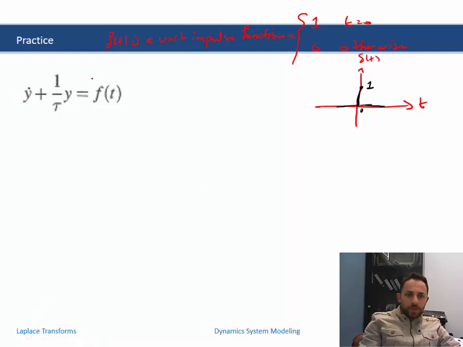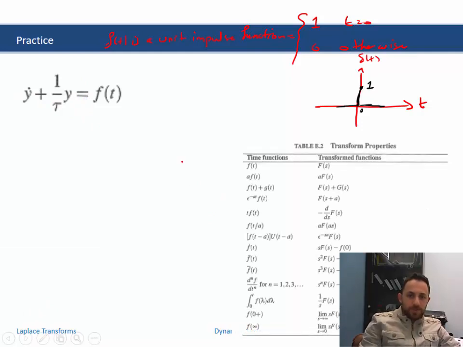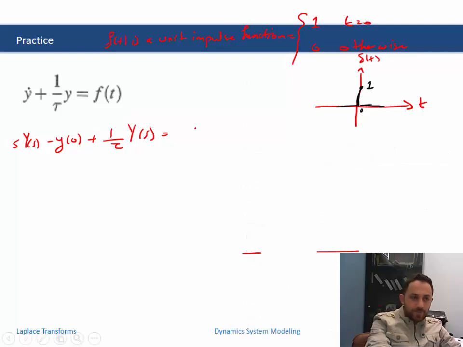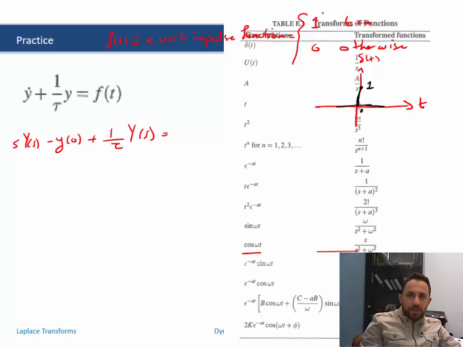So in order to obtain the Laplace of this, we will be using the table. So the Laplace of f dot of t is given as s F(s) minus f(0). So this is s Y(s) minus y(0), and f(t) is a unit impulse function, whose Laplace is 1.